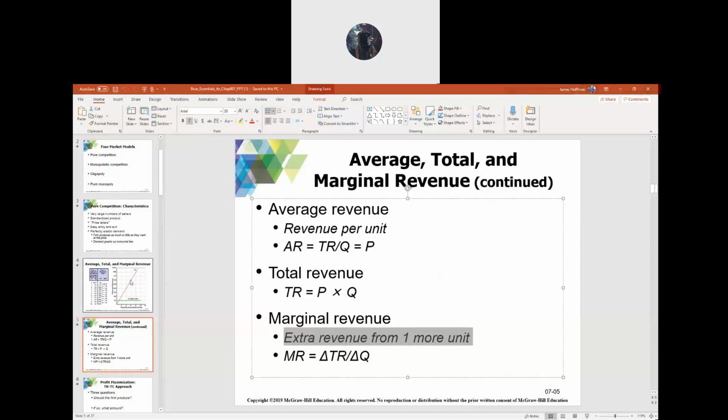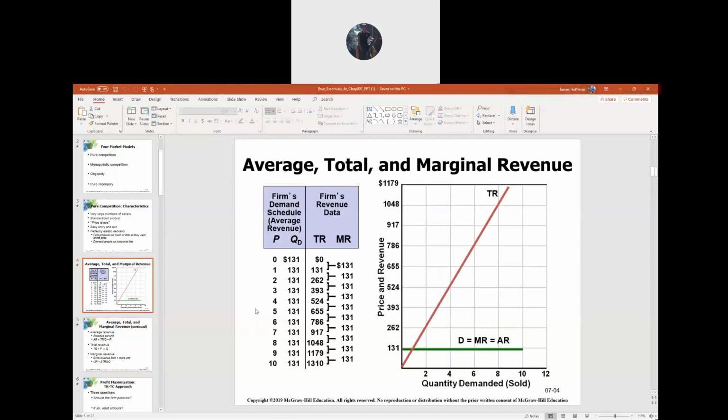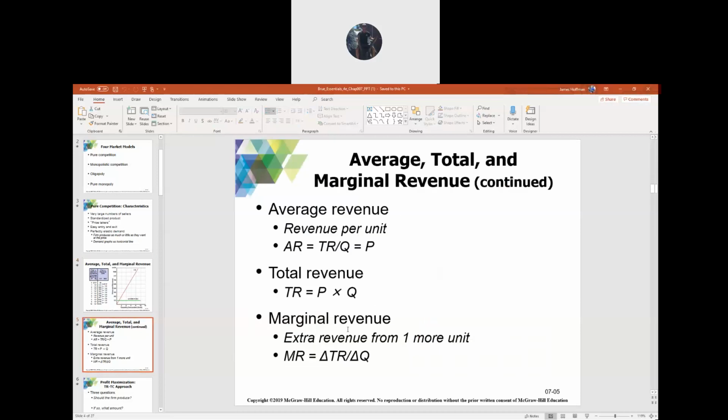And because this unique situation is a perfectly elastic demand curve where each additional unit is sold for 131, that means the marginal revenue curve is going to be fixed at 131. Okay, and then the top thing, average revenue, this is revenue per unit. So this is just the total revenue divided by Q, which is equal to the average revenue at that quantity.